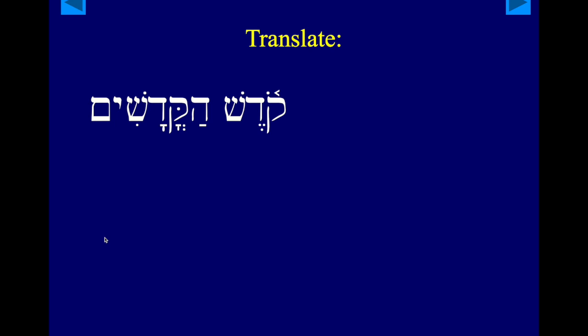Here's another one with that same root, Kodesh. And here we see Kodesh HaKodashim. Holy of the holies. The holy of holies, because it's in construct. Kodesh is a noun, meaning holy.